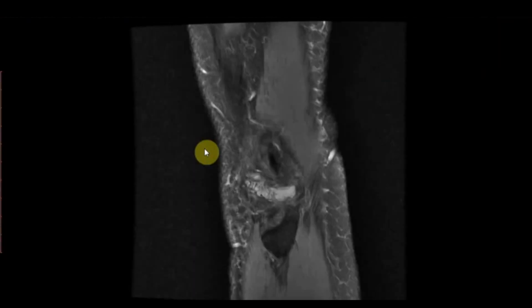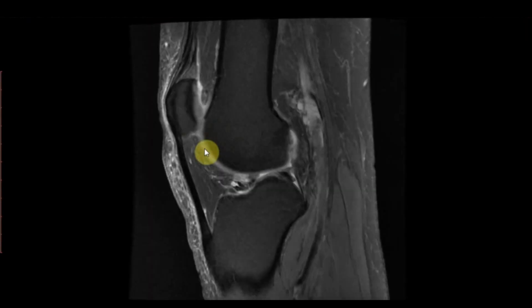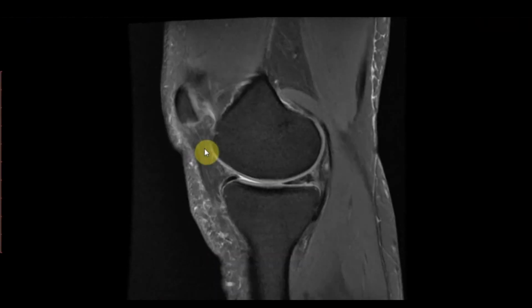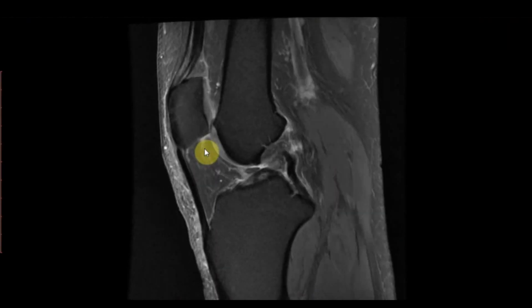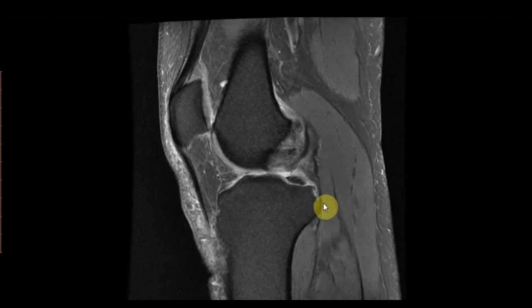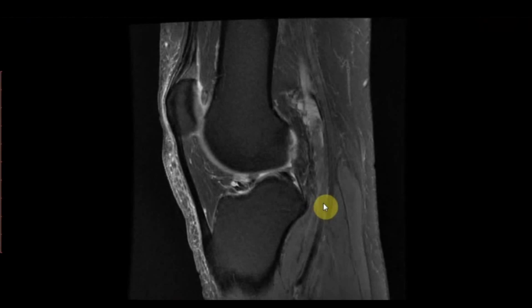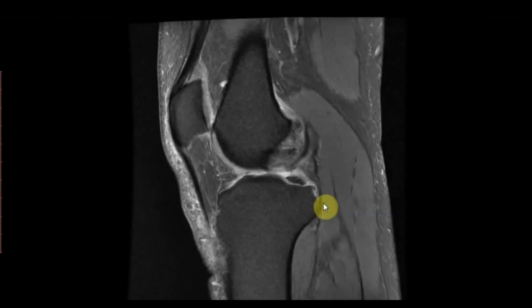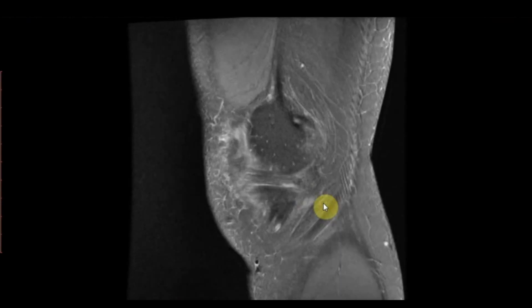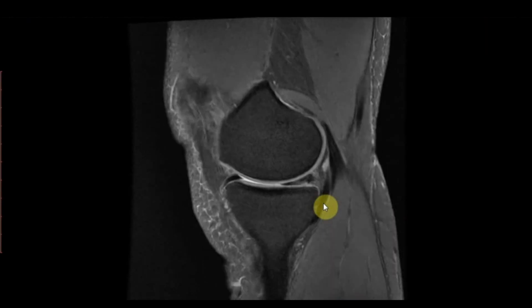This is a case of 36-year-old male. There is ACL tear in this case. ACL is not seen. ACL is lying over here over the tibial plateau. And the posterior cruciate ligament is showing question mark sign, or it is showing buckling. This is the medial meniscus. And medial meniscus is showing subtle areas of hyperintensities.